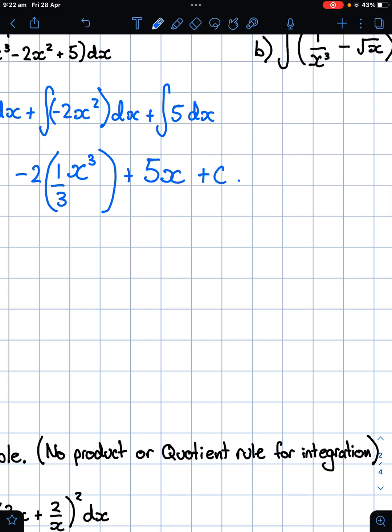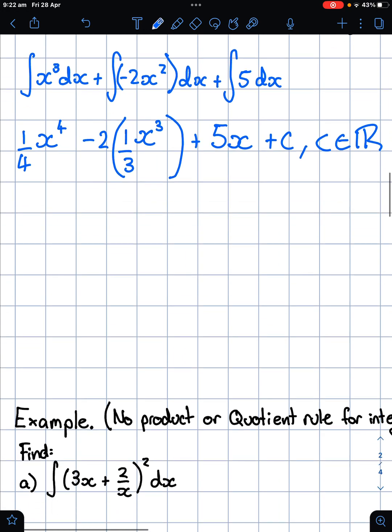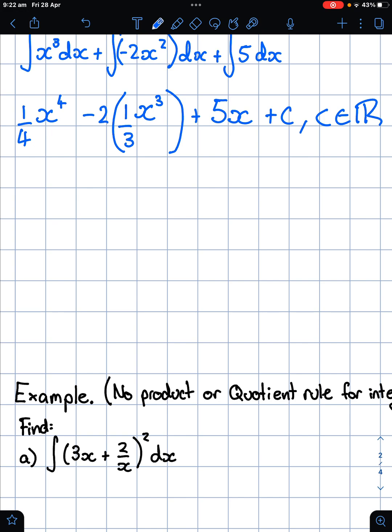And then we've got a plus c, and we want to specify that c is a real number because that's what it is. And so let's just clean this up a little bit so the notation's a bit better. We've got x to the power of 4 on 4 minus 2x cubed all on 3 plus 5x plus c.